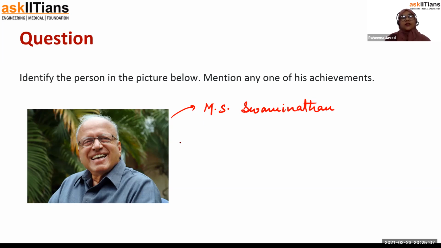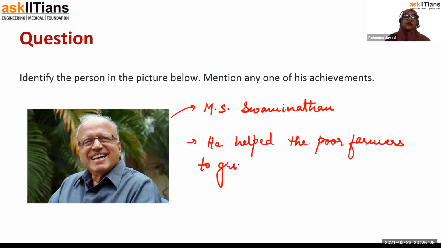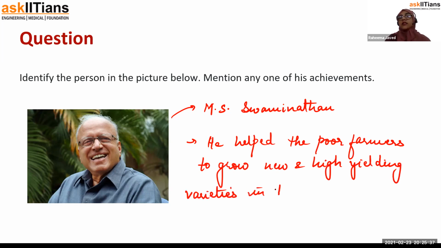He was an agricultural wizard, and he helped the poor farmers of India to grow new and high yielding varieties in their fields, which is an achievement.